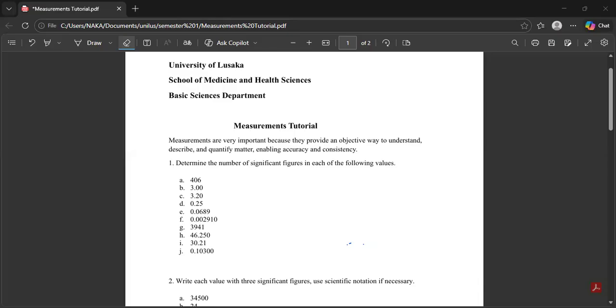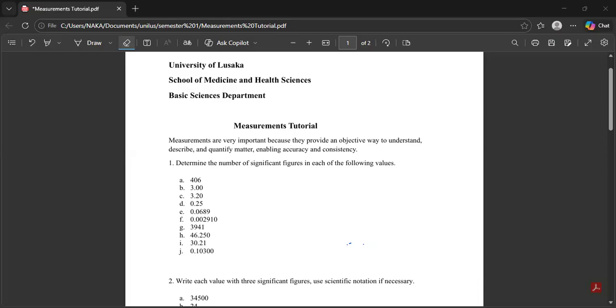For example, you can have 0.0024. In this case, these zeros are not significant. In that number, we are going to have two significant figures.